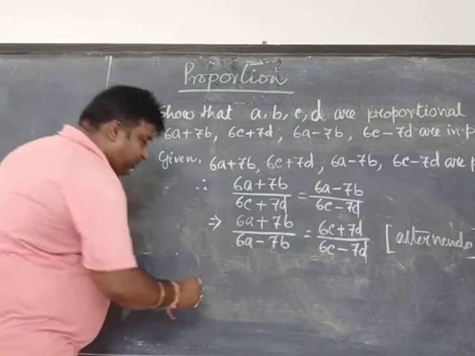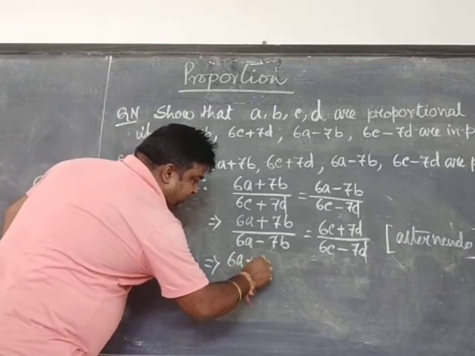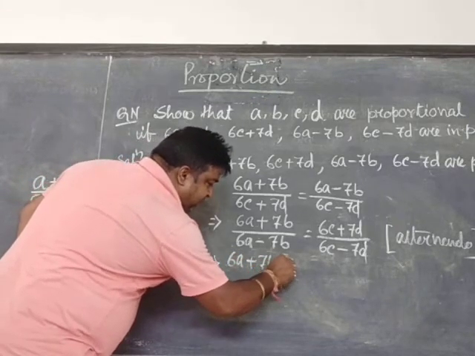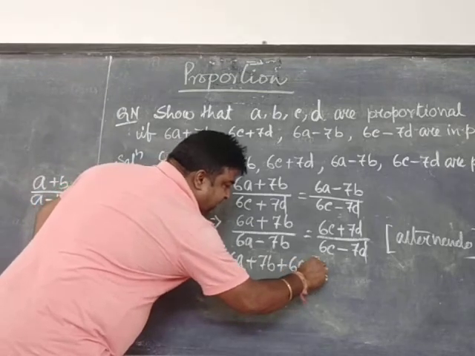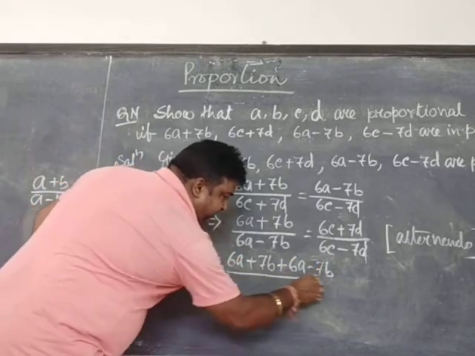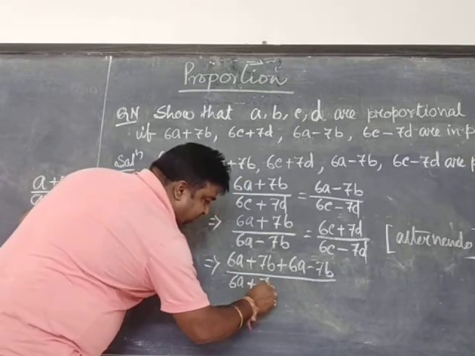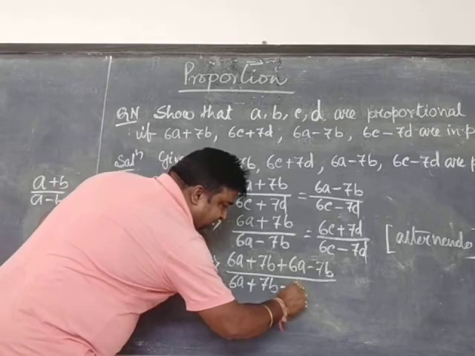So this will be 6A plus 7B plus 6A minus 7B by 6A plus 7B minus 6A plus 7B.